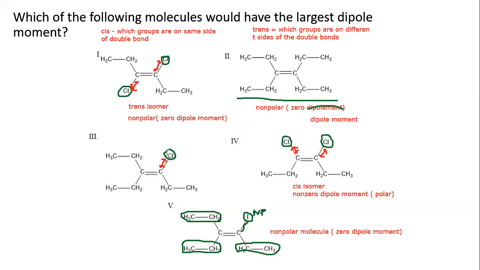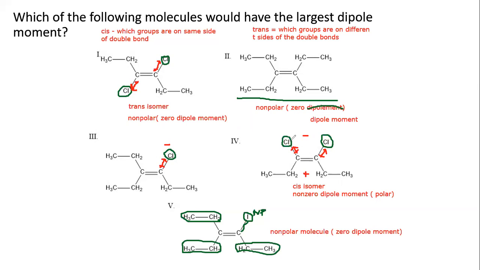Now we've got to see which one of these, 3 or 4, has a larger dipole moment. Since 4 has 2 chlorine groups, we know that this side of the molecule is going to be negative, this side is going to be positive. Whereas in number 3, we just have a little bit of negative because only 1 chlorine group is here, and then we have a positive side as well.